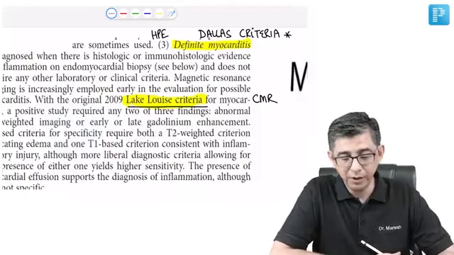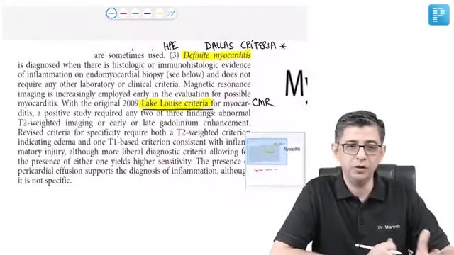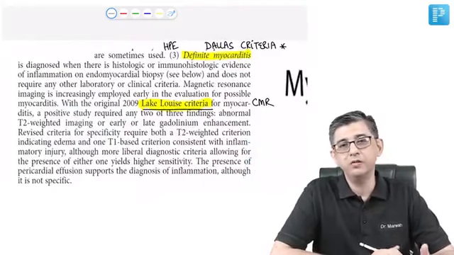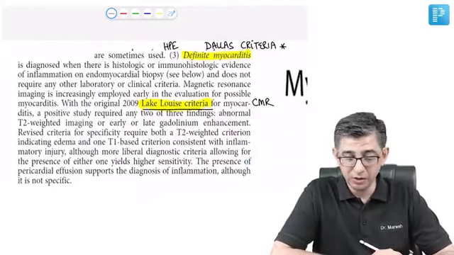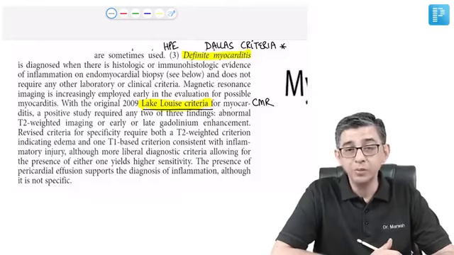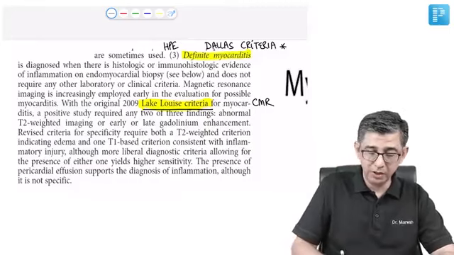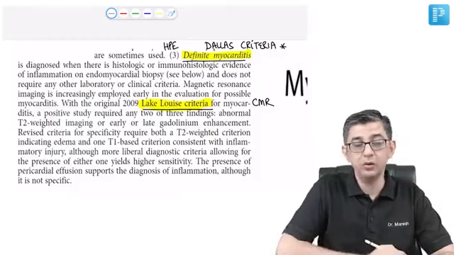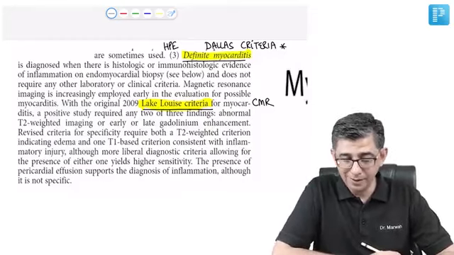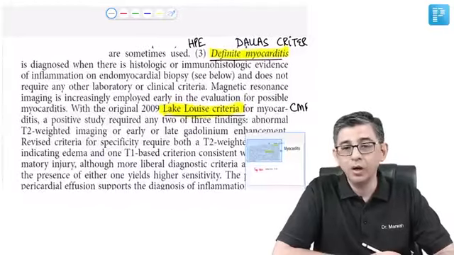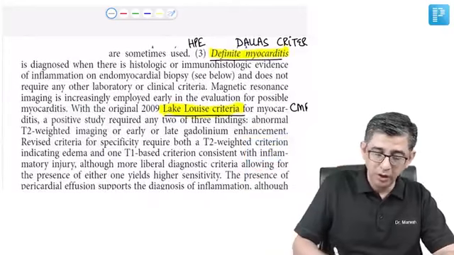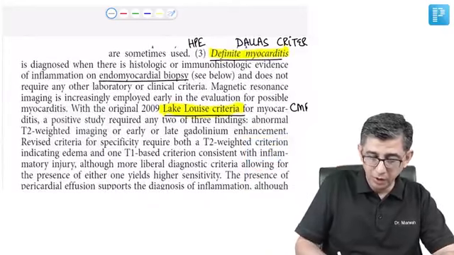Once you get the names right, the bone of contention or the controversy is that I would be saying that the best way for diagnosis of myocarditis is endomyocardial biopsy. This is what Harrison says, that definitive, that's the word, definitive myocarditis is diagnosed when there is either a histological or an immunohistological evidence of inflammation on endomyocardial biopsy.